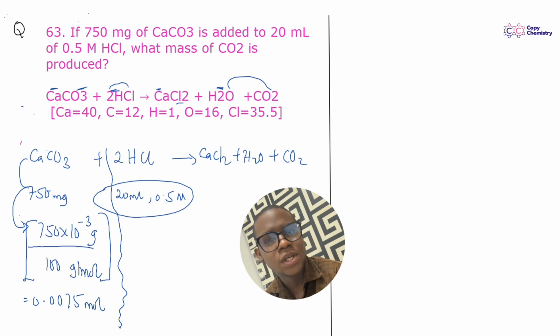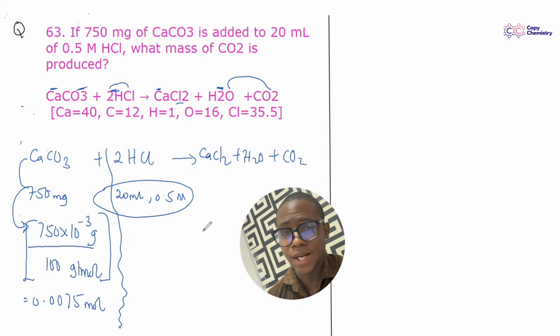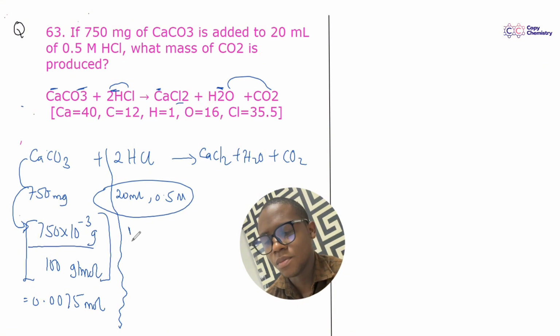Number of moles should be mass divided by molar mass. We know that. But then concentration is number of moles divided by volume. So that means that moles is actually concentration times volume, and that's what we're going to apply here. So the moles of my HCl will be the concentration, 0.5, multiplied by the volume, 20.